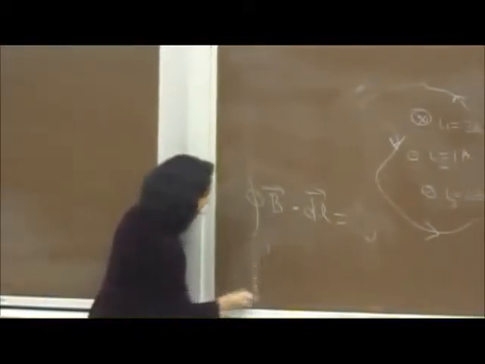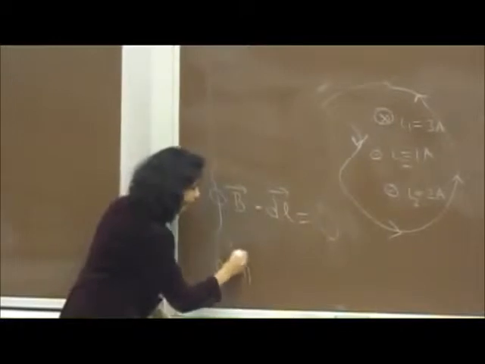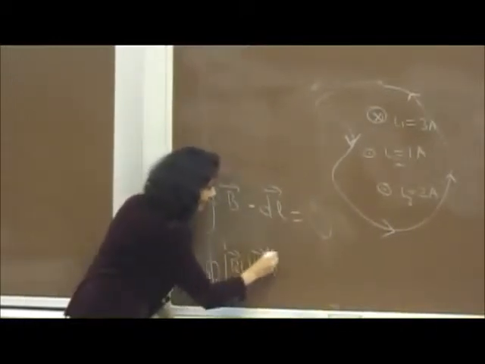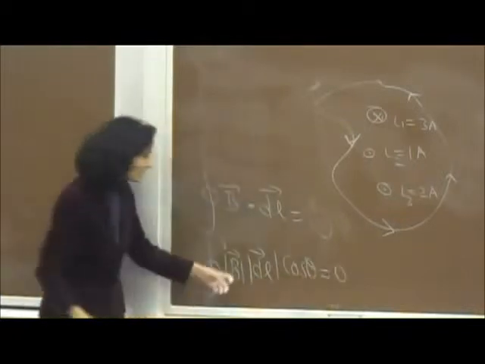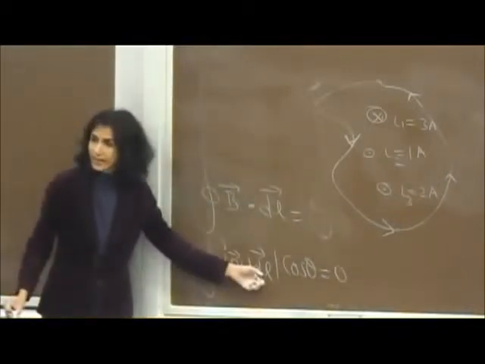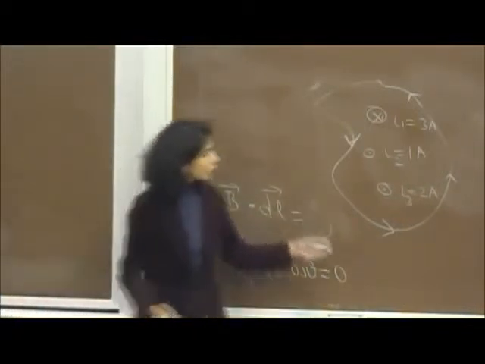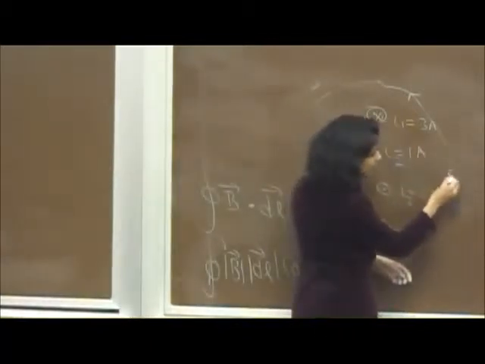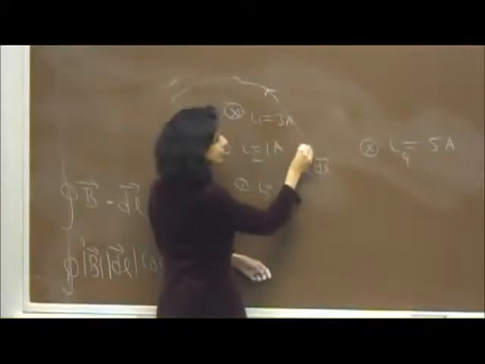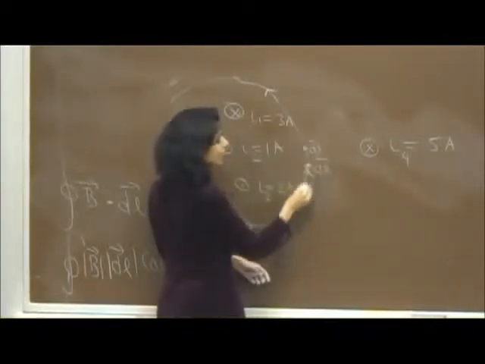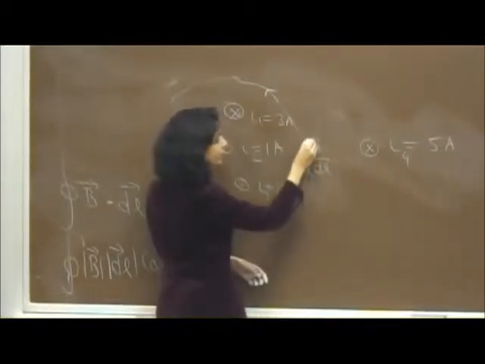Why? Because look, integral B dot dl is the magnitude of the magnetic field, magnitude of dl, times the cosine of the angle between the magnetic field and dl, right? For example, here, your dl is always tangent to this circle, so dl is like this, tangent to the circle. But the magnetic field here could be, say, this way.